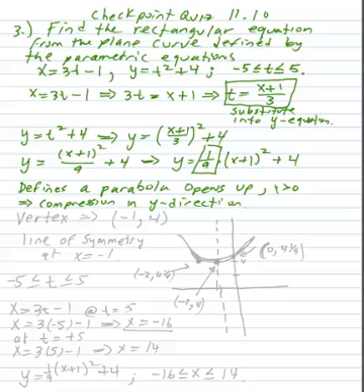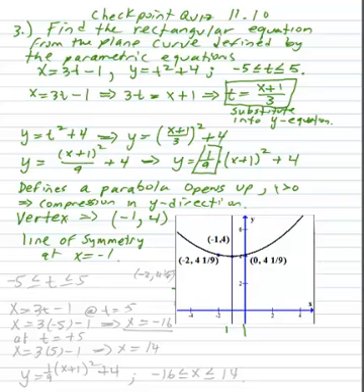We also know the vertex is at negative 1, 4. The parabola has been shifted 1 unit left and 4 units up and then compressed by a factor of 1/9. At x equal negative 1, this forms the line of symmetry. We know the vertex is on that line of symmetry.